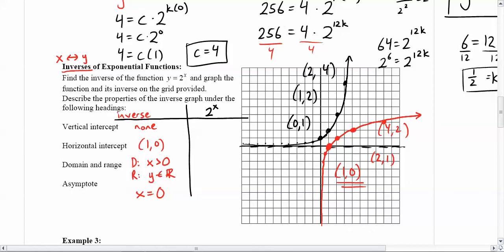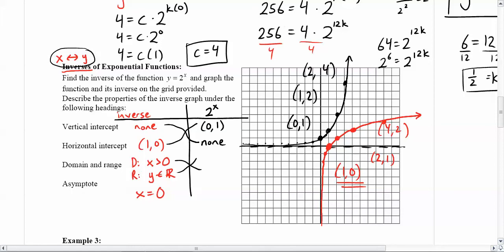Now for 2 to the power of x, the horizontal asymptote is y equals 0, the vertical intercept is 0, 1, but it doesn't have a vertical asymptote. So if you take a look, remember, inverses switch x and y. So the vertical became the horizontal, and the horizontal became the vertical. You switch the x and the y. Same thing happens with domain and range.